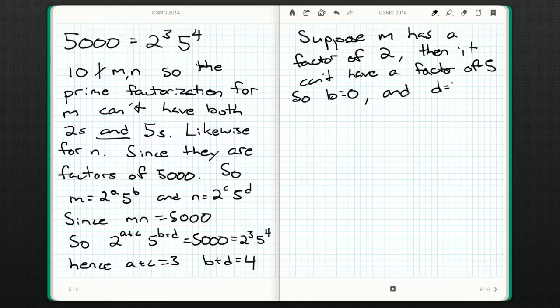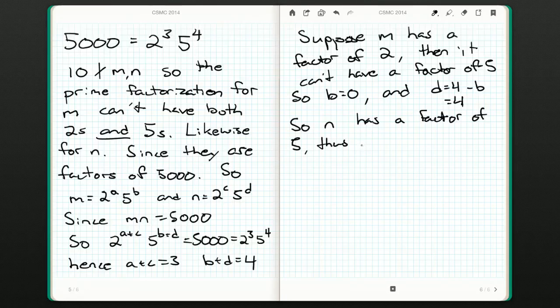And then d is going to be 4 minus b, which is equal to 4. So then n has a factor of 5.